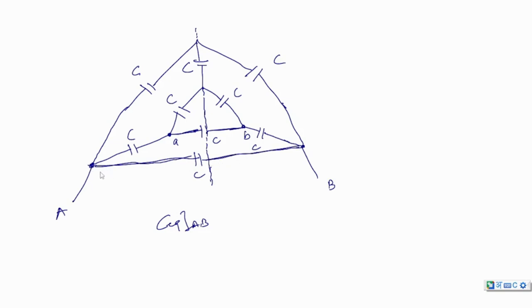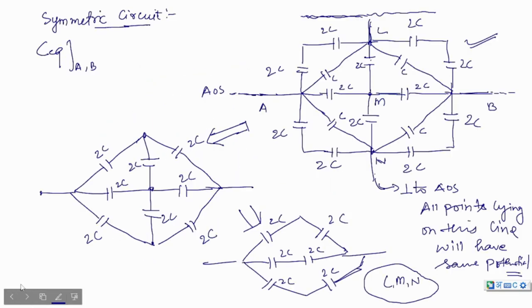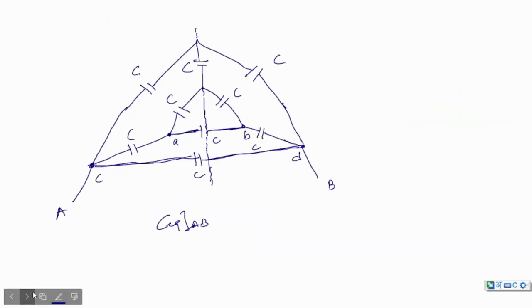Points small c and small d are also at the same distance from the axis of symmetry, so they will have the same potential. In the previous problem, we applied that points which lie on the perpendicular to the axis of symmetry have the same potential, and points which are equidistant from the axis of symmetry also have the same potential, meaning VA equals VB and VC equals VD. So you can remove these two capacitors, right.